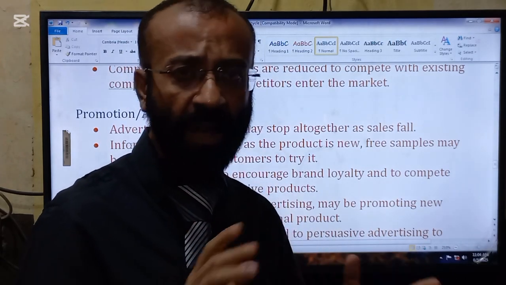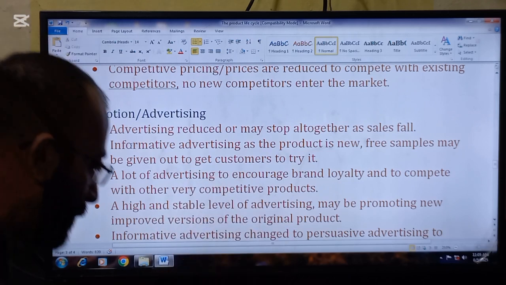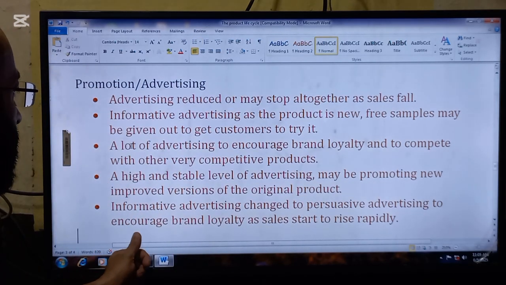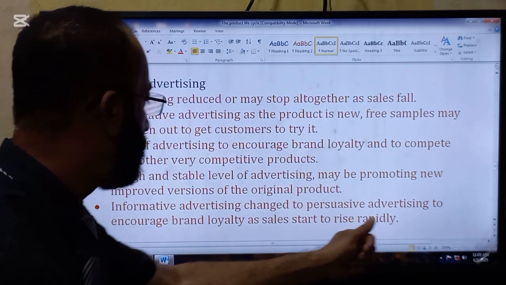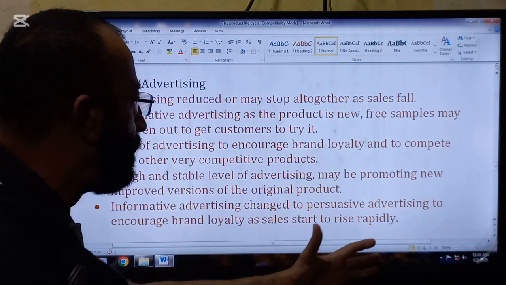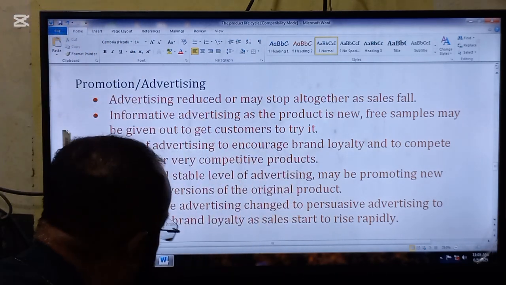These kinds of advertising come into the life cycle of any product. After that, informative advertising changes to persuasive advertising to encourage brand loyalty as sales start to rise rapidly. So these are the stages of advertising in the life cycle.